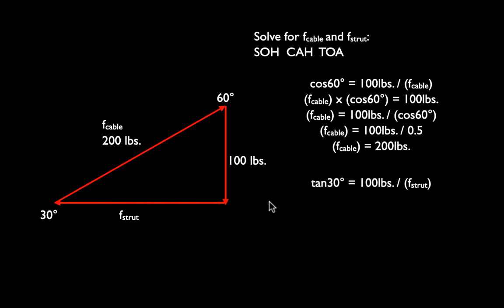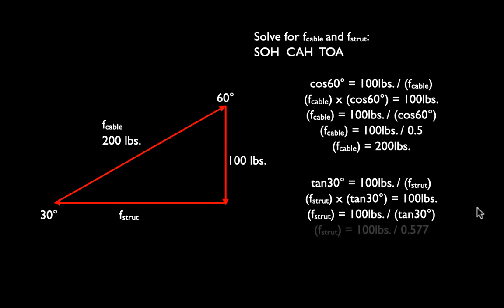We can do the same set of operations to find the force in the strut. We can use either angle. In this case, let's use the 30 degrees, and we know the opposite. We want to find the adjacent. So tan 30 equals 100 pounds, opposite, over adjacent, the load within the strut. We move things over so that we get all of the knowns on one side, the unknowns on the other.